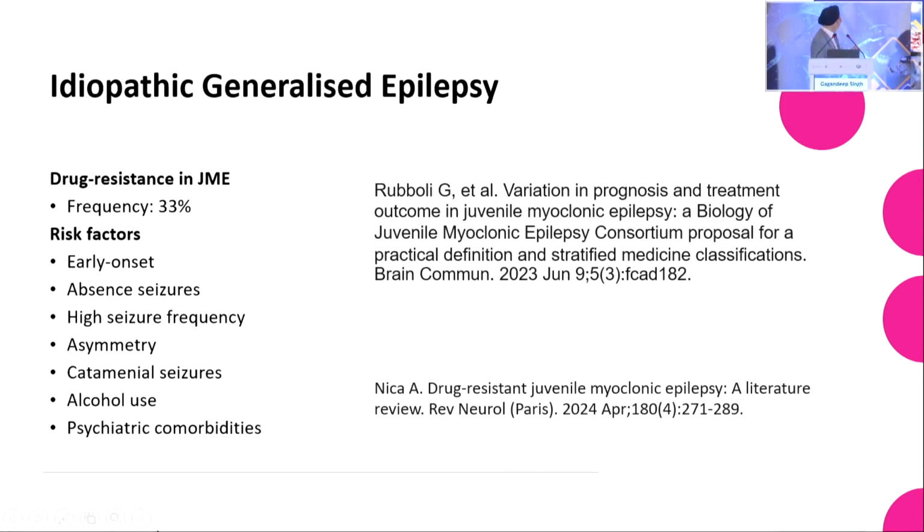If there's a very early onset, the presence of absence seizures. That could be either childhood absence epilepsy evolving into JME, or JME in which there are absence seizures in addition to the myoclonic seizures and the generalized tonic-clonic seizures. So that is a sign of drug resistance. And then all these things and the presence of psychiatric comorbidities.